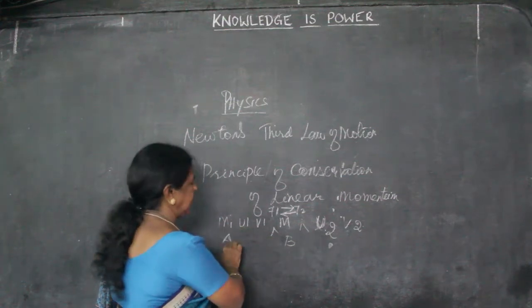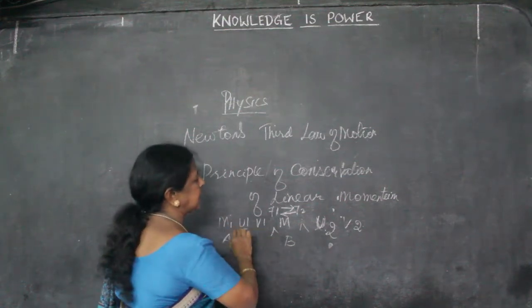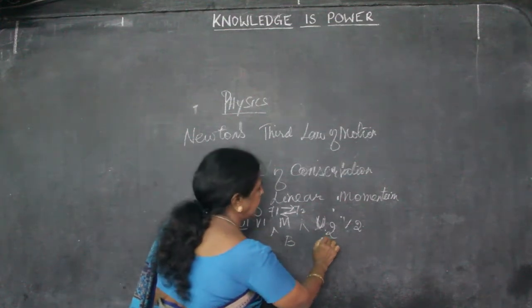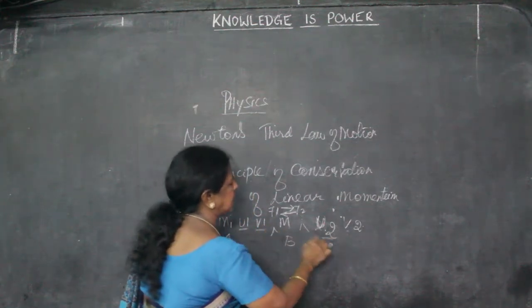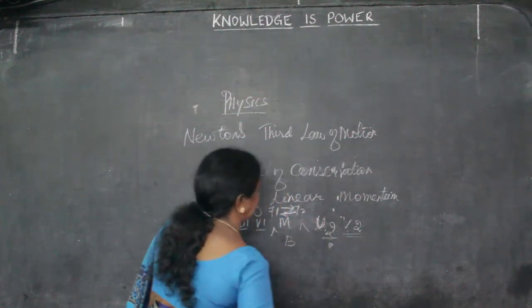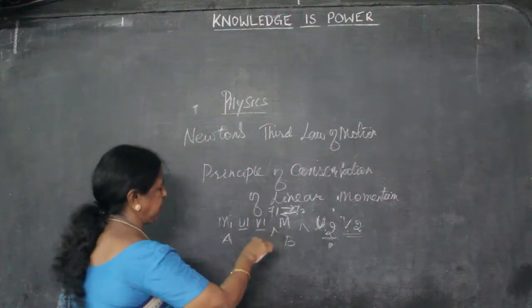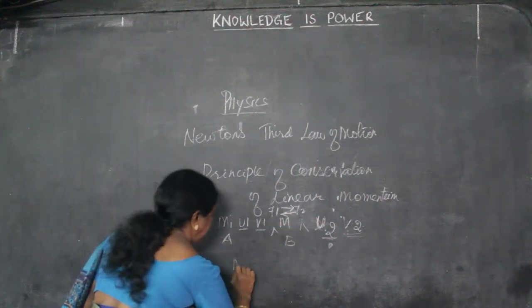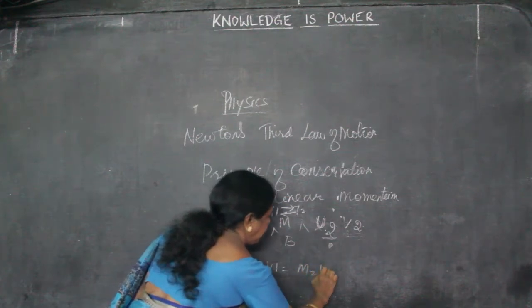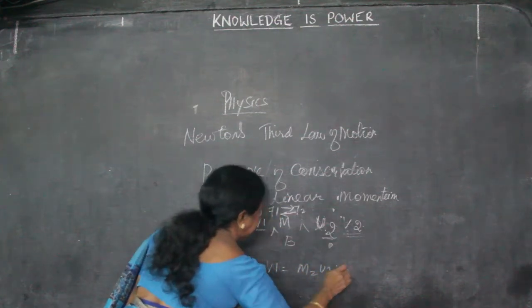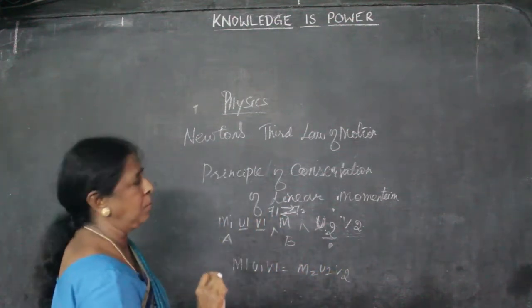Force acts on that. u1 is the initial velocity and v1 is the final velocity of A. The same way, u2 is the initial velocity and v2 is the final velocity of B. After that we find the result, that is m1u1 + m2u2 = m1v1 + m2v2. This is known as linear momentum.